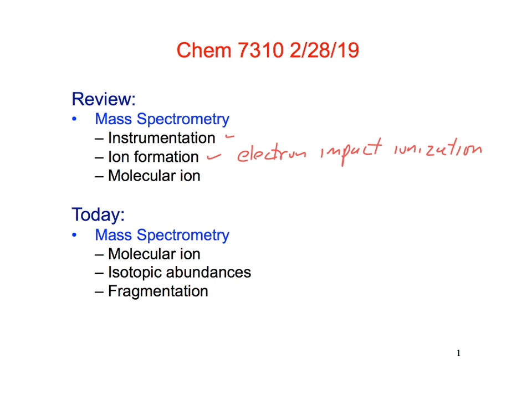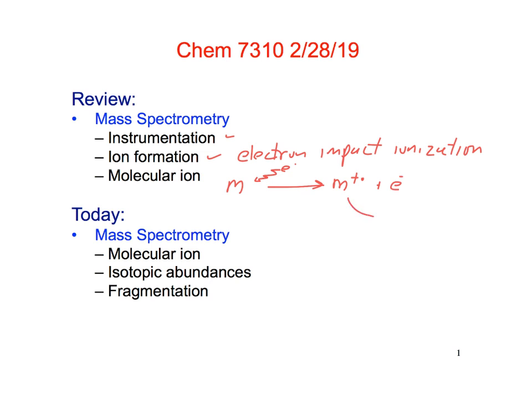When the molecules get hit by that electron, it excites the molecule, and that molecule, among other things, will eject an electron to form a radical cation. Okay, so we start with some molecule, we shoot it with electrons, and it ejects an electron to form this molecular ion.